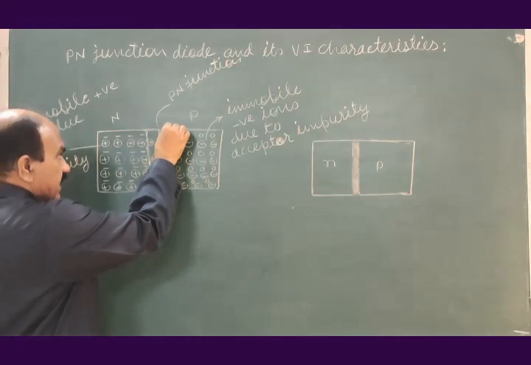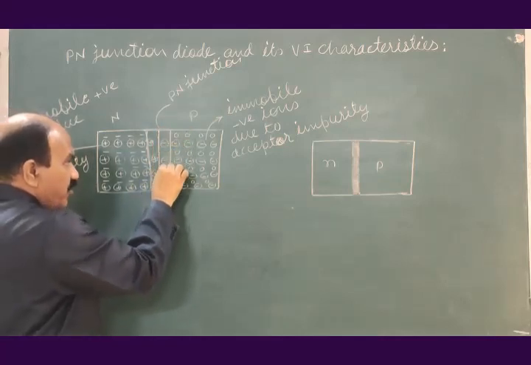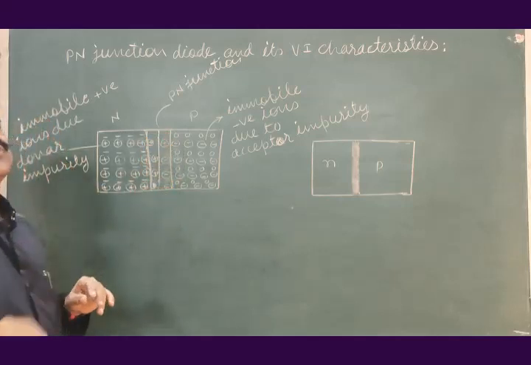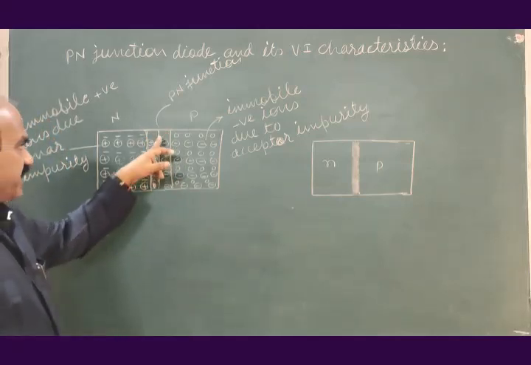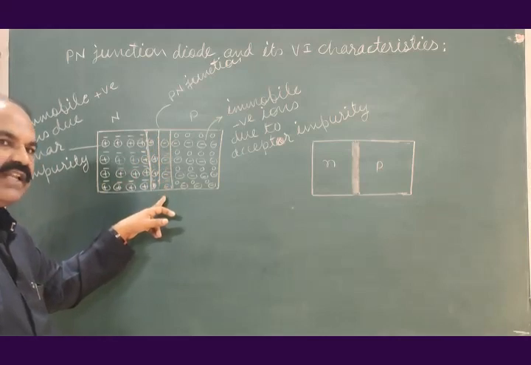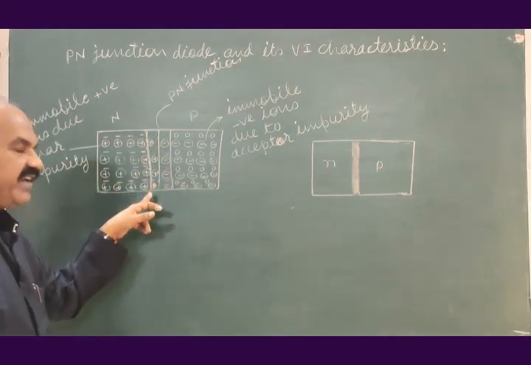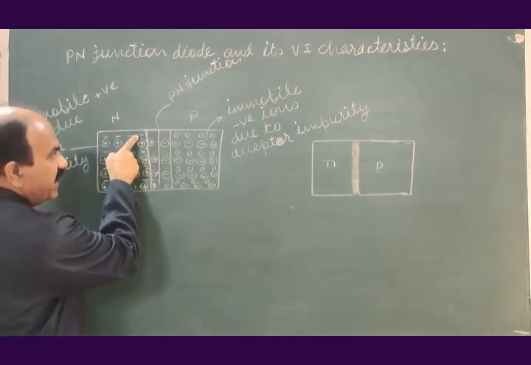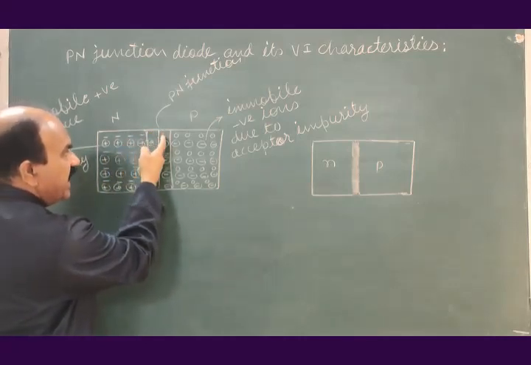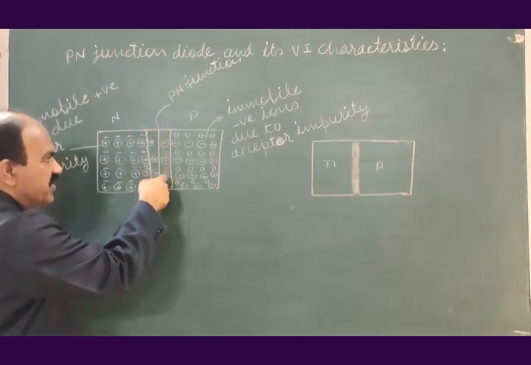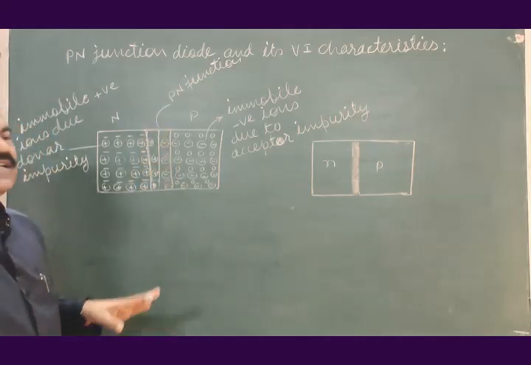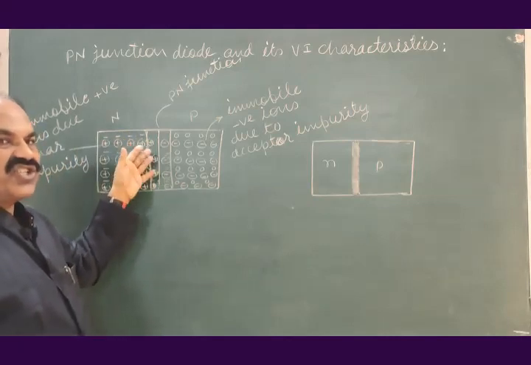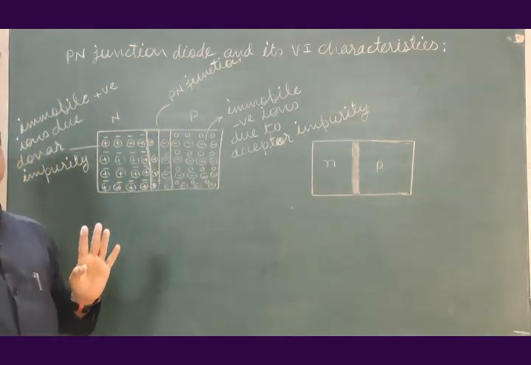So this will behave as a negative electric field, and this will behave as a positive electric field. If an electron tries to cross the junction and enter into p type, this negative electric field does not allow any of these electrons to cross the junction and enter into p type.